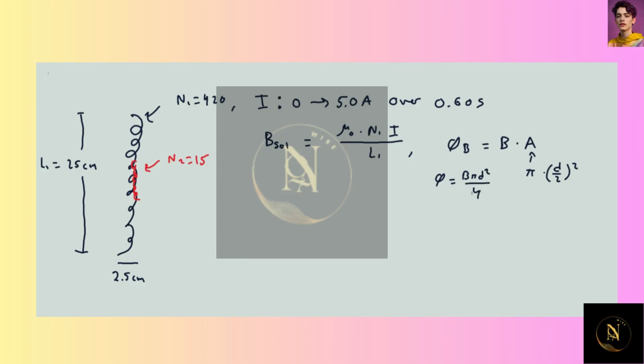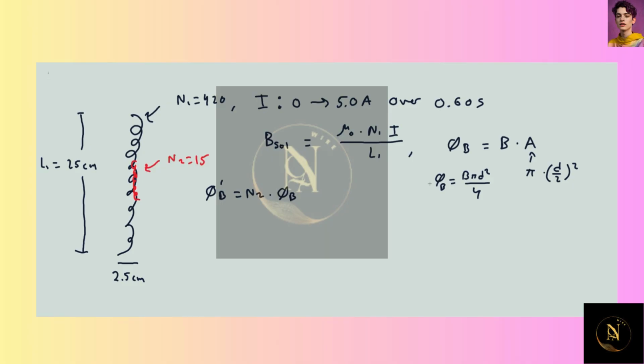So now the flux linked with this smaller loop of wire will be proportional to the area of the wire times the number of turns in it. So the flux through this smaller portion, I'll call this flux prime, will be given by N2 times flux B unprimed, where this is equivalent to this expression.